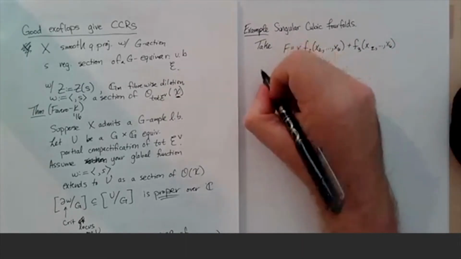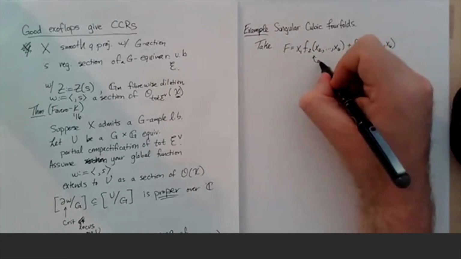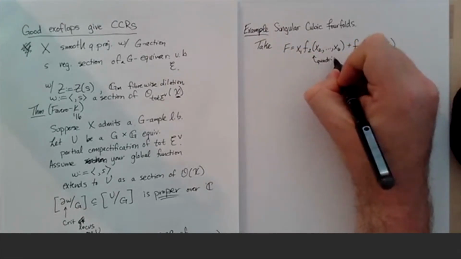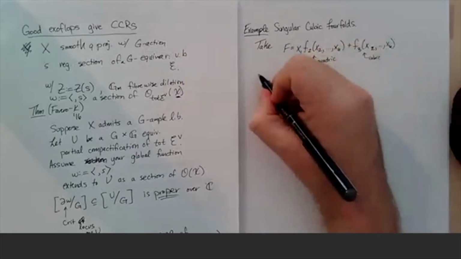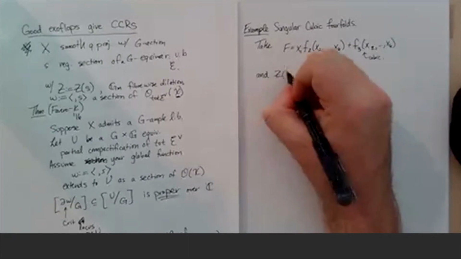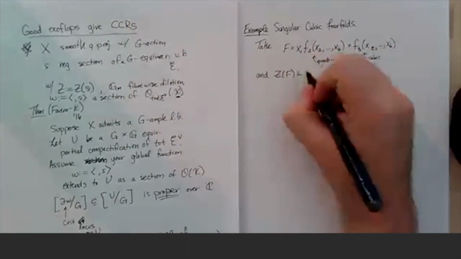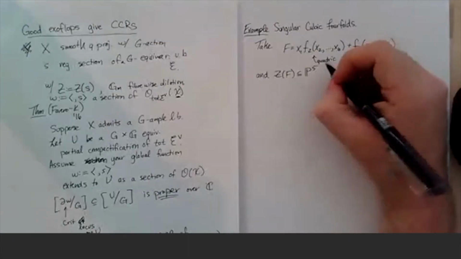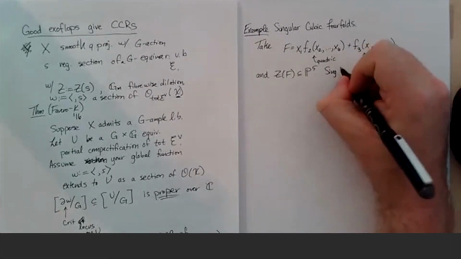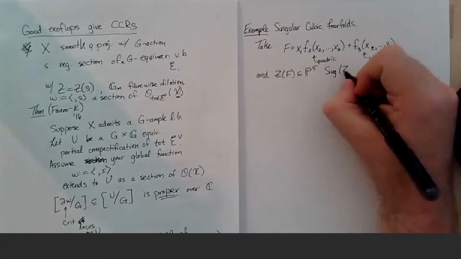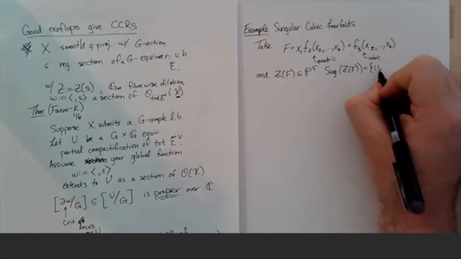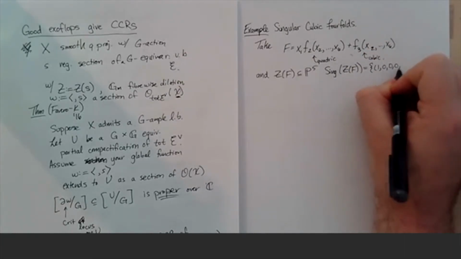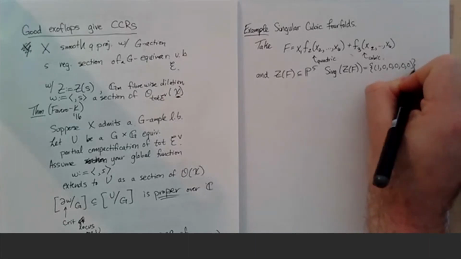Okay, so this is some quadric, this is some cubic. Now ZF is contained inside P5. Okay. So the singular locus of this thing is just at 1, 0, 0, 0, 0, 0. Okay.